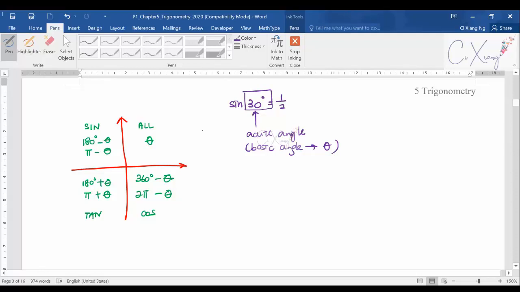If you know the value for theta and also the value for sine theta, cos theta, or tangent theta, then you can use the idea of all the quadrants to find out the value in all the different quadrants. Now I want to show you.